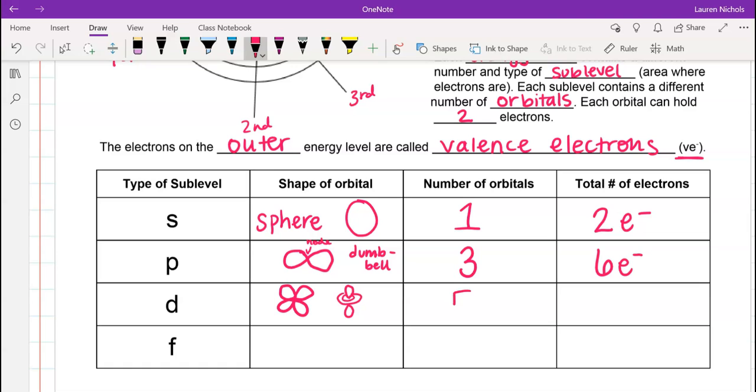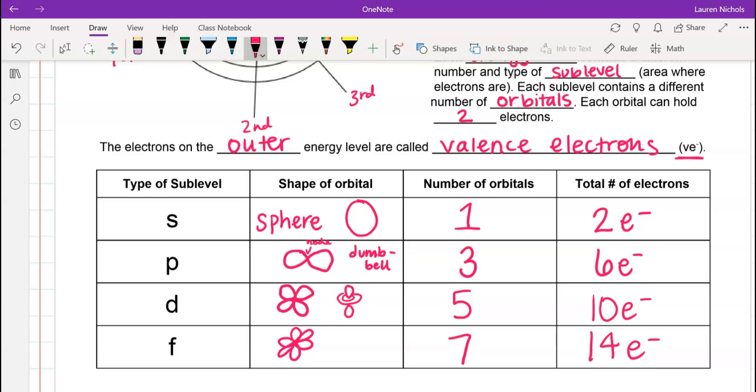So there are 5 total, and in those 5, 2 electrons each, so that's 10 electrons total. And the F-shaped one looks like this. That's just one, and there are 7 of those inside the energy level, and that means there can be a total of 14 electrons.